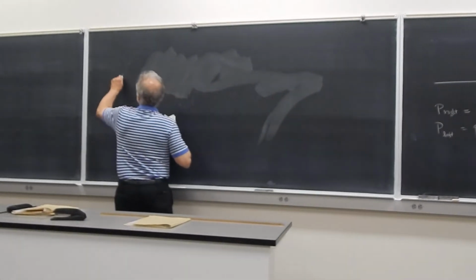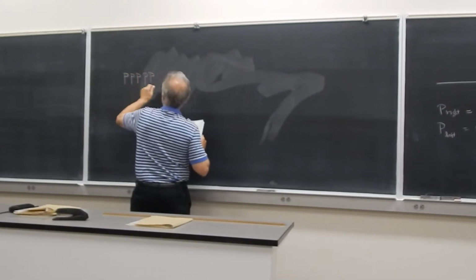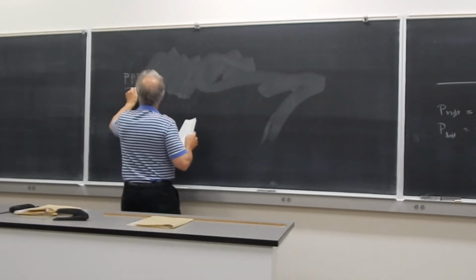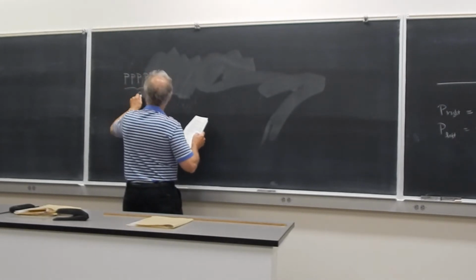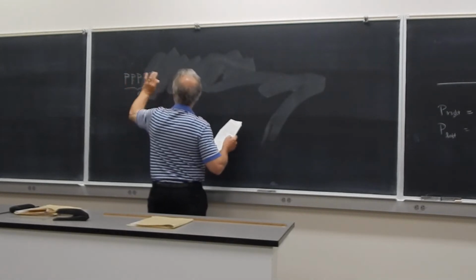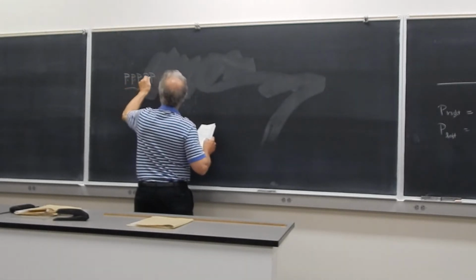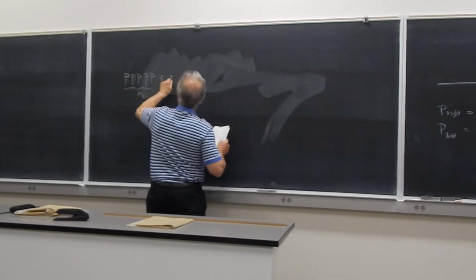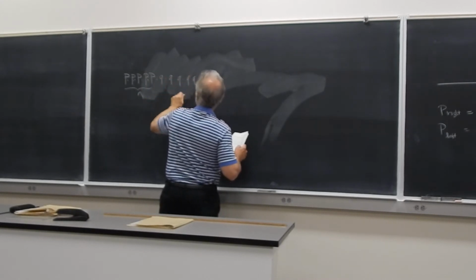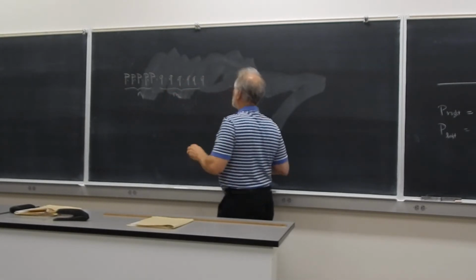So I could say, well, the probability of taking n1 steps is, maybe I'm going to take n1 steps with probability 1/2, n1 times, and then I'm going to take n2 steps to the left, however that turns out to be.